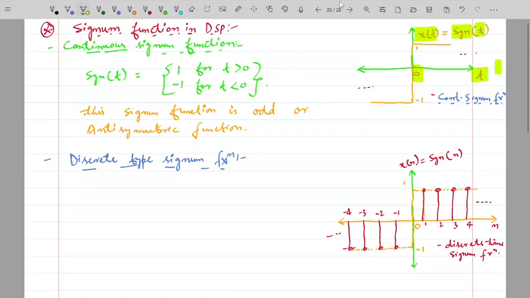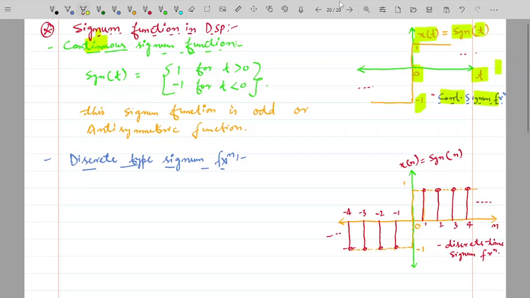The signum function has a constant positive amplitude of 1 from 0 to plus infinity, and for less than 0, toward minus infinity, it has a constant amplitude of minus 1. So from minus infinity to positive infinity it has a flat amplitude in both the positive and negative values. This is the continuous time signum function in DSP.